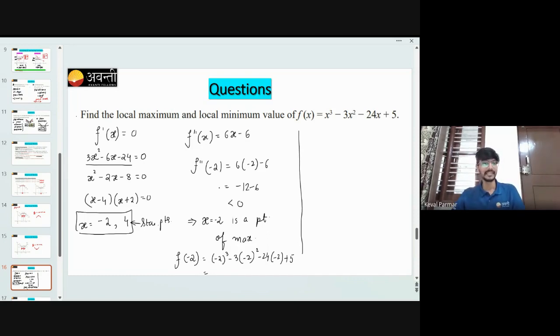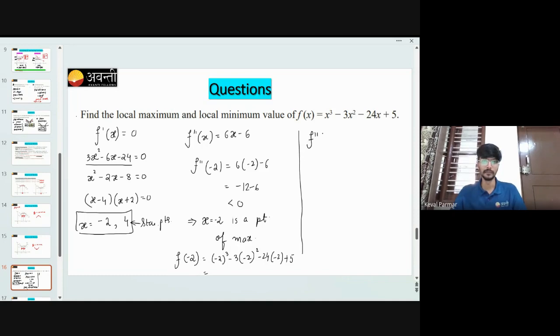So let's check if 4 will be a point of maxima or minima. Don't use this logic, that if it is maxima at minus 2, then at 4 it will be minima. No, no. There can be two points of maxima. Don't misunderstand, please. So again, we have to check with the double derivative.